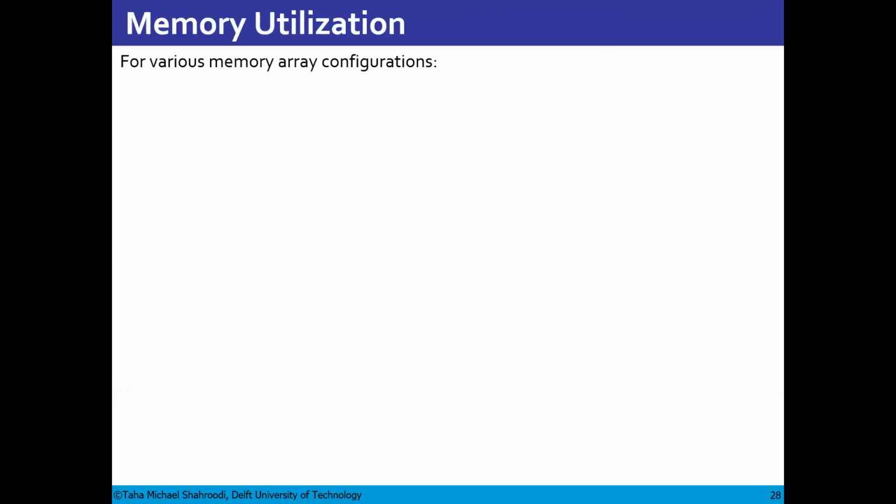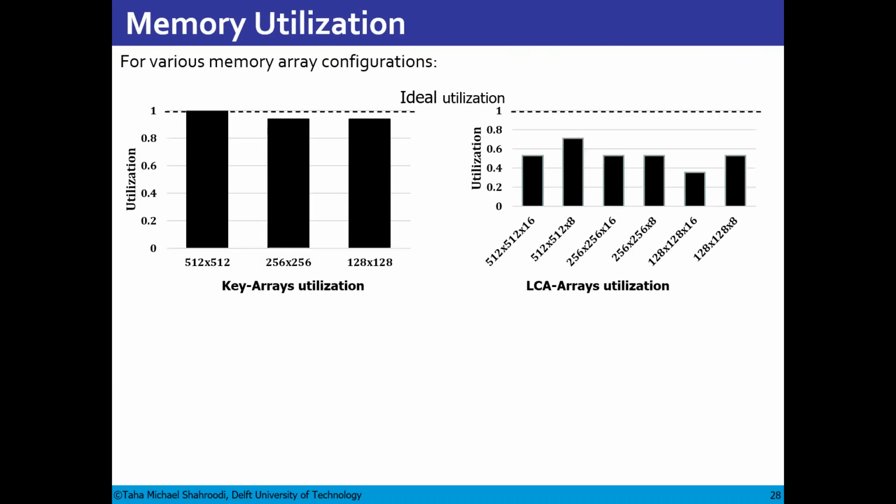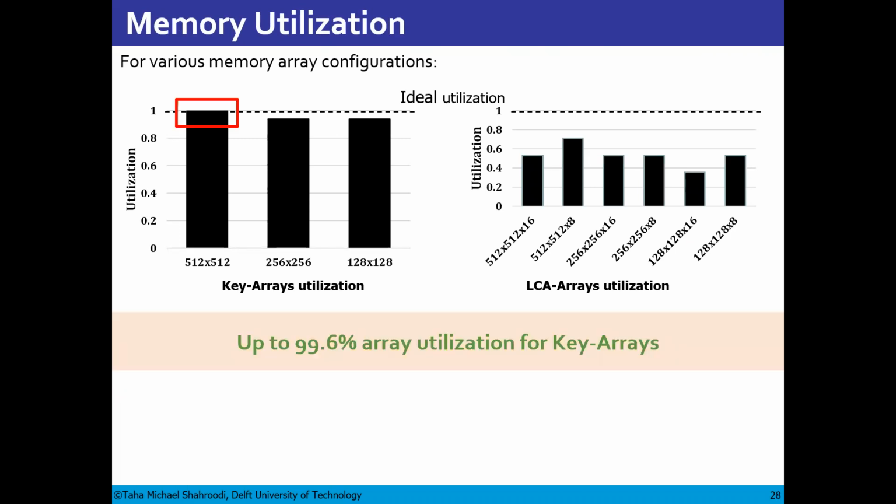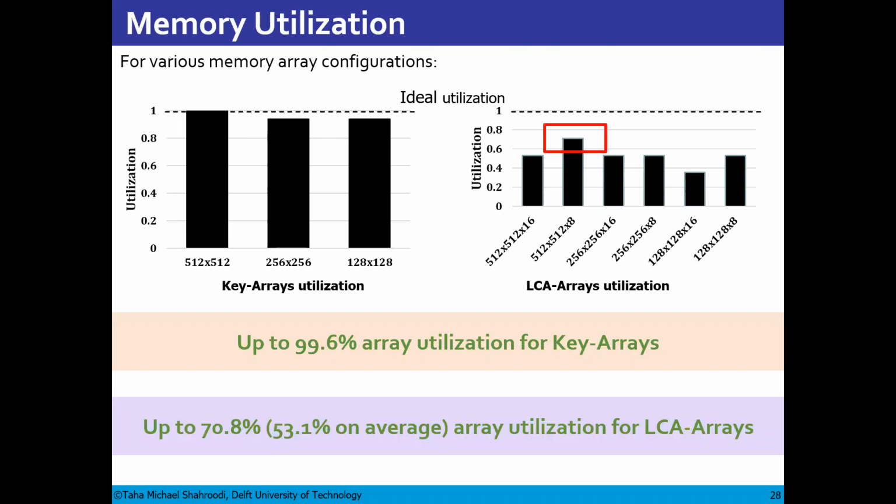We also evaluate the memory utilization of our data mapping on different array configurations. Our system model showed that KrakenOnMem achieves up to 99.6% memory utilization for key arrays and up to 70.8% memory utilization for LCA arrays.